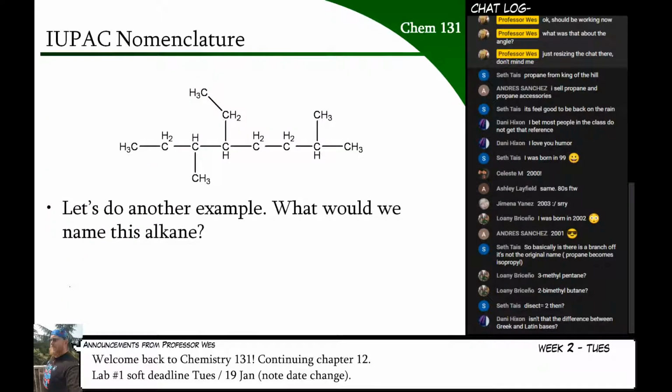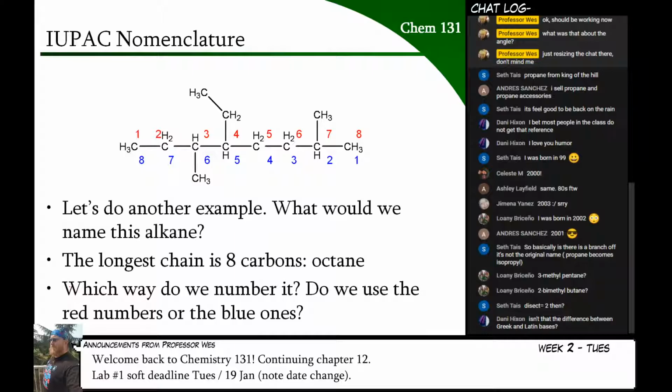All right, so let's take all that and apply it to this molecule. We need to number this molecule, and I'm going to put 2 numbering directions on the board here. I want you to tell me which is the correct numbering scheme, red or blue?